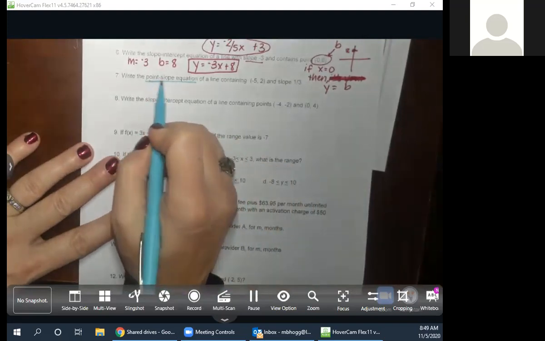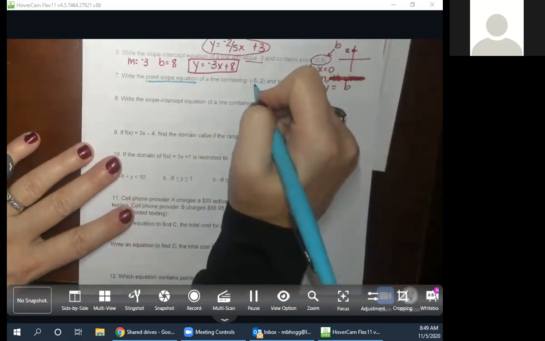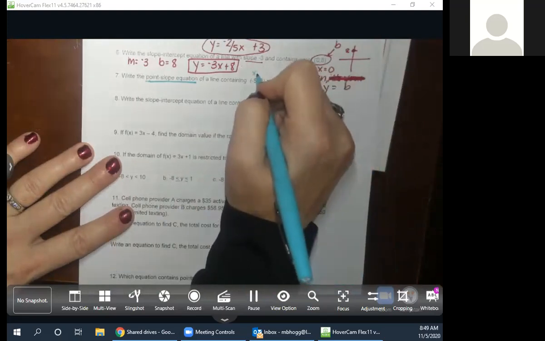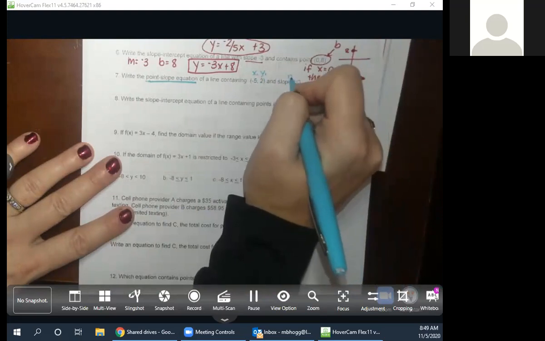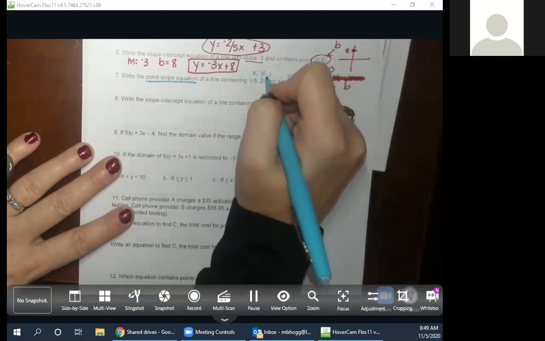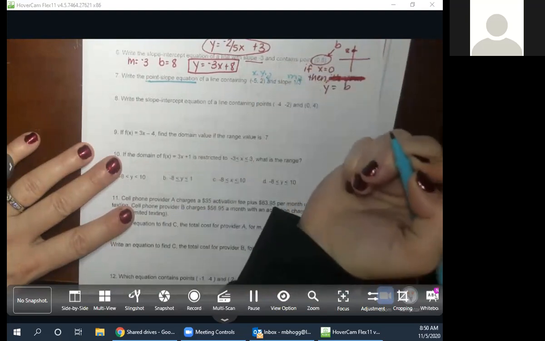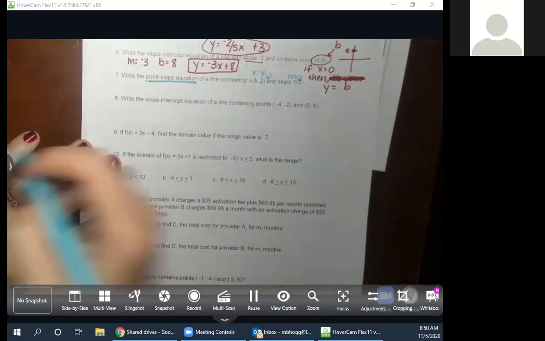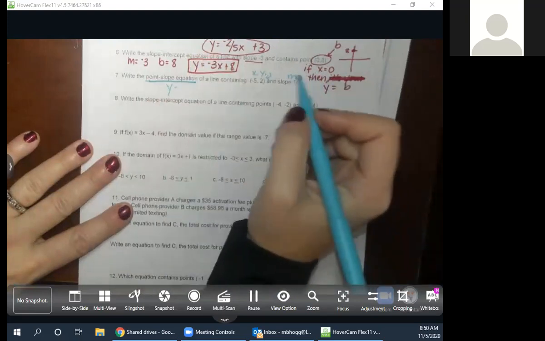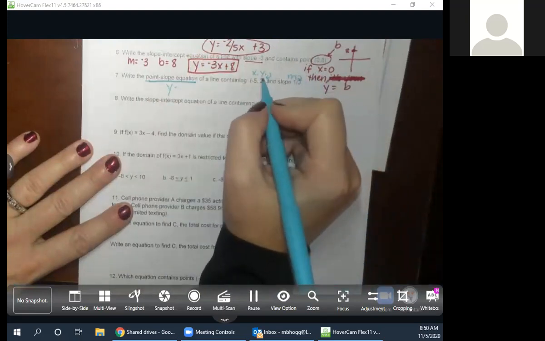Okay, it wants you to just put it in point-slope equation. We don't have to solve point slope. Point-slope equation of a line containing negative 5, 2. So this is x1, y1, and this is your m. So what's your point-slope equation? Yep. So y minus y1. So what's your y1?